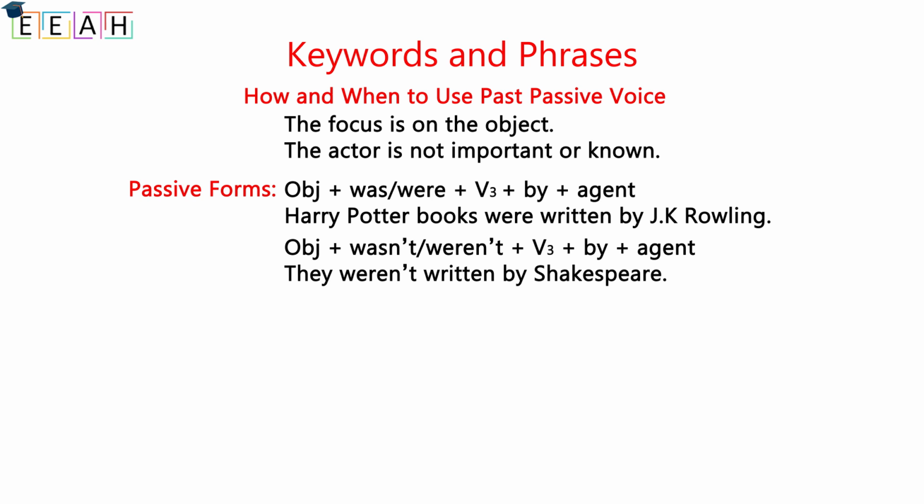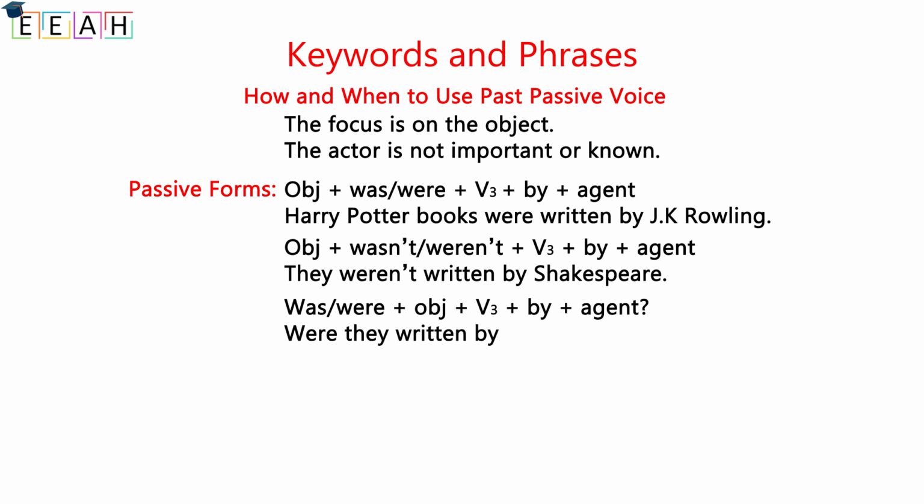If you want to form a question, then you need to start with either was or were. Then the object follows, and then the past participle form of the verb comes next. For example, were they written by J.K. Rowling? Yes, they were. If you want to form a WH question, then you need to start with the question word.